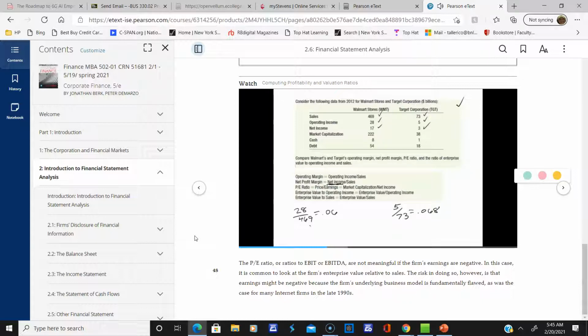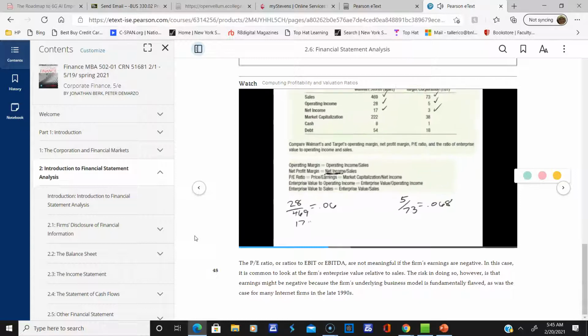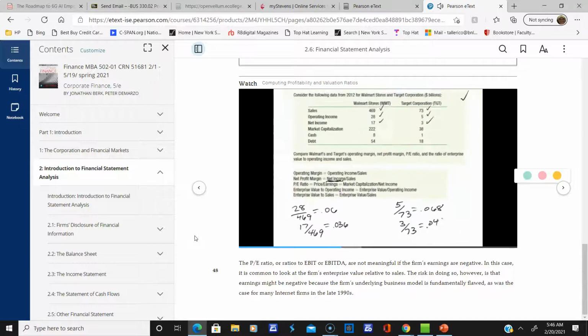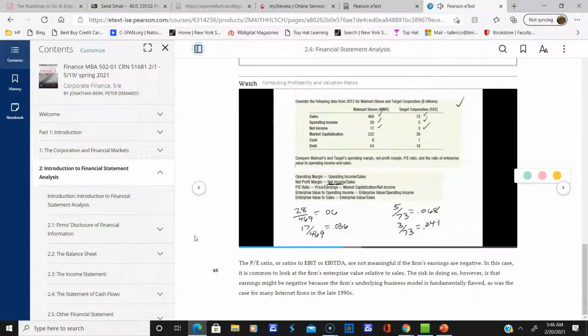Sales are still 469 and 73, so we've got 17 over 469, and we've got 3 over 73. And when we actually calculate that out, we get 0.036 or 3.6% for Walmart and 0.041 or 4.1% for Target. Again, Target has a slightly higher profit margin, a little bit more profitable.